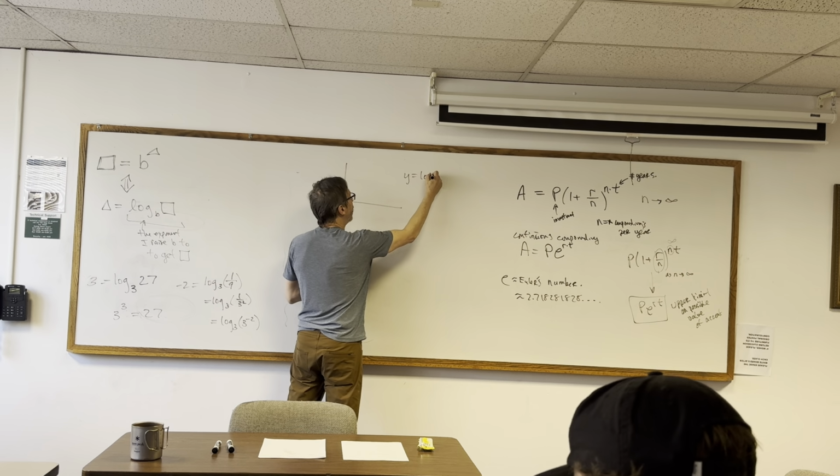Ask yourself, take a moment. What is the output when x is 1? What power do I have to raise b to get 1? Well, b to the first will give me b, so 0. So this is equal to 0 because b to the 0 equals 1.